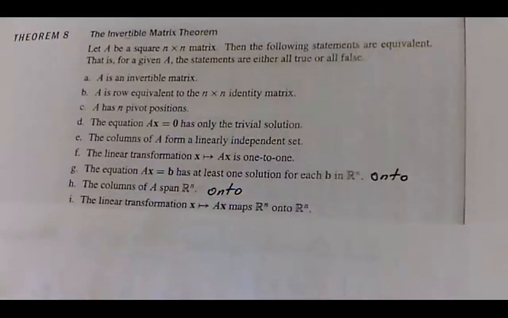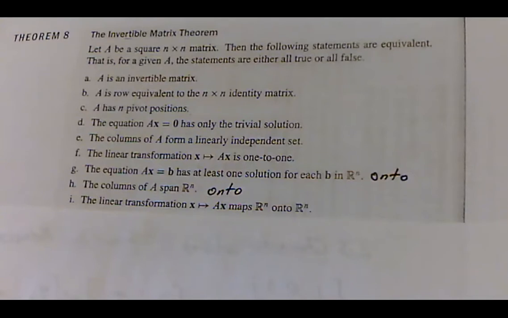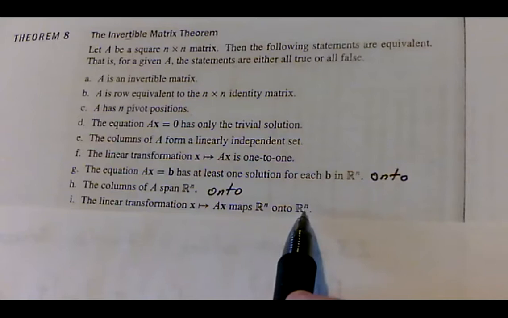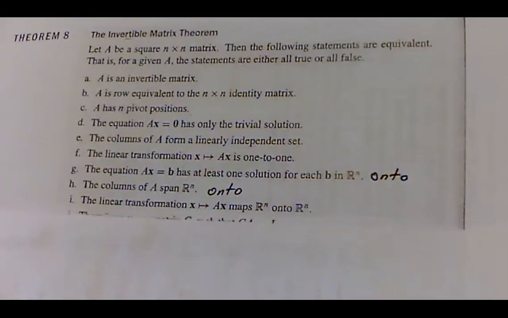And then our next one, statement I, or statement 9: the linear transformation is onto. Okay? It takes all of Rn and sends it to Rn. Now remember, it doesn't mean that all the vectors match up perfectly, but it means they are all covered. Somebody in the domain goes to somebody in the range over here, and the range and the codomain are equal to each other.